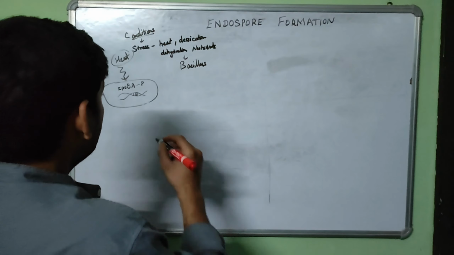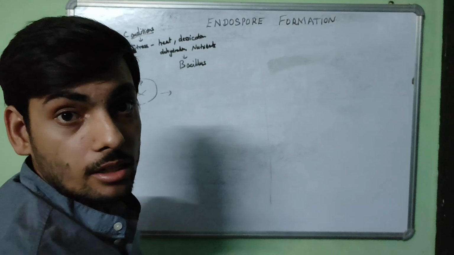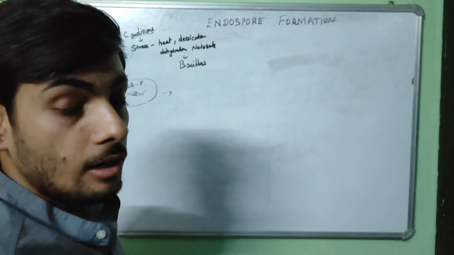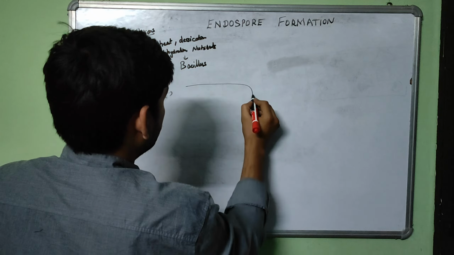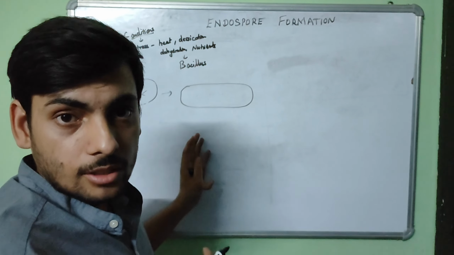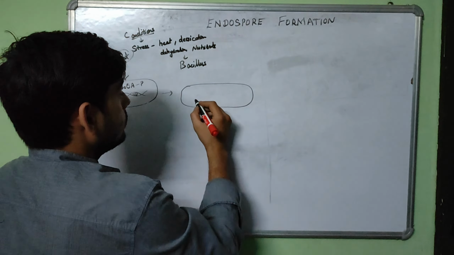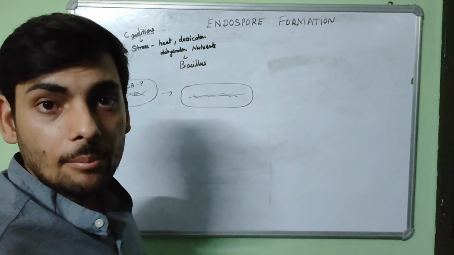Then this will replicate, and the bacterium will start DNA replication. DNA content will double, and the cell will also enlarge itself across the axis. Let us say this DNA has replicated right now. What will happen after that?